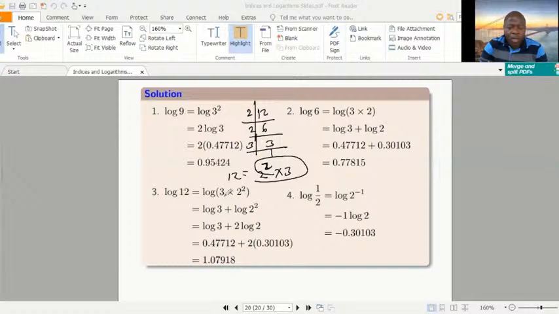And by law of logarithm, this is addition. Log of 3 plus log of 2 raised to 2. But this one can come here by law of logarithm, and you can switch here. Now, we already know what this one is, and we already know what this one is. So we just then do it. Multiply 2 by this, and then add the result to that to have this.